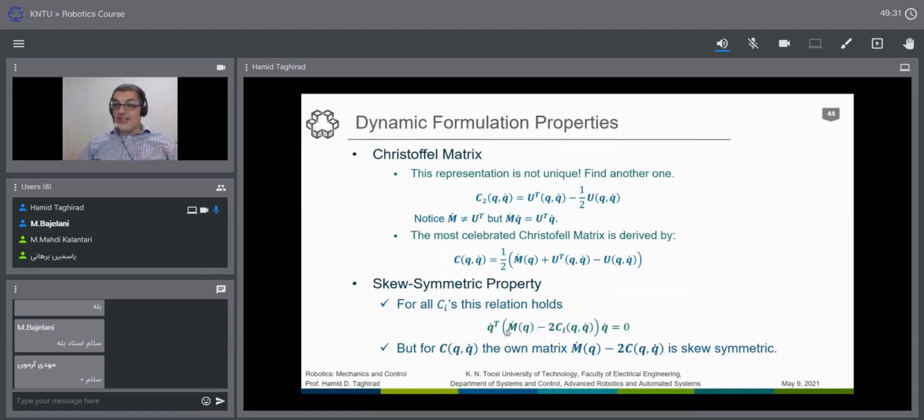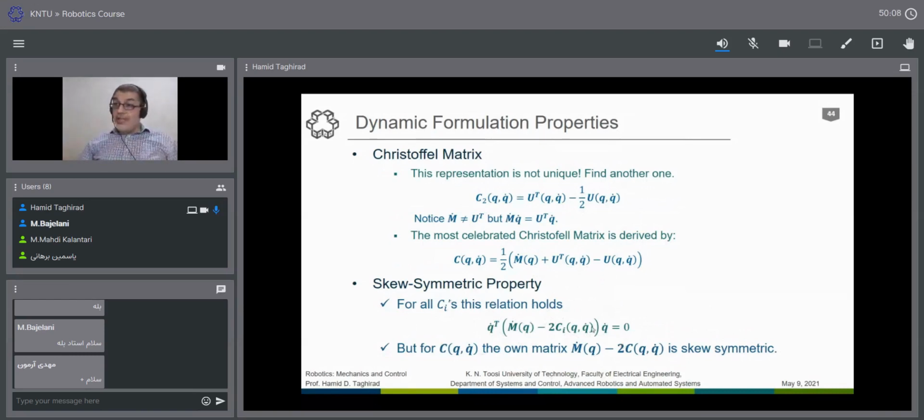Of course, this is not the definition of skew symmetricity, but this matrix is skew symmetric if this is multiplied by any vector, not just Q dot, by any vector X dot, X dot transpose times this, that is equal to 0. Then this matrix is skew symmetric. And skew symmetric is that you basically have 0 values on the diagonal and then antisymmetric values on the off-diagonal.